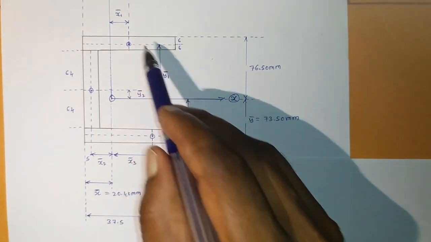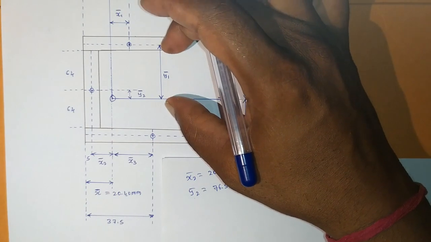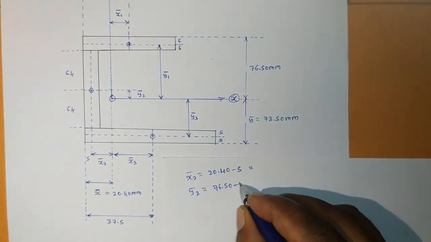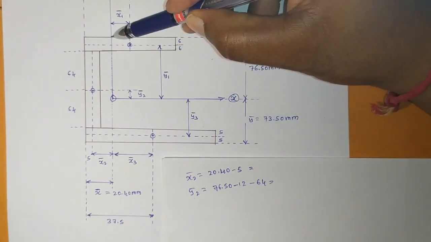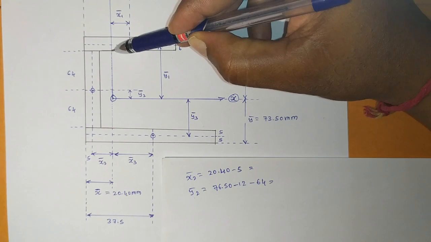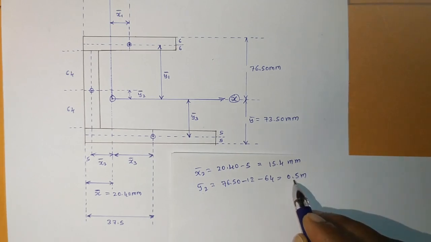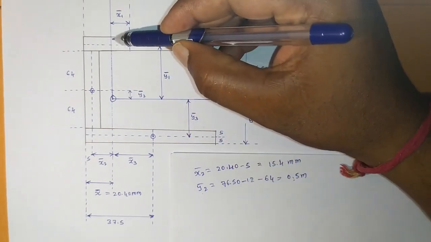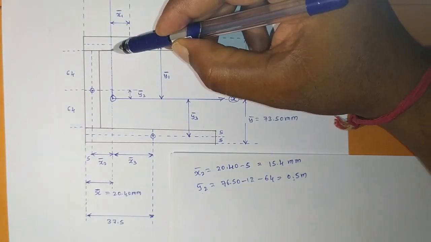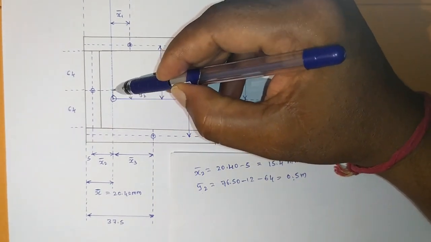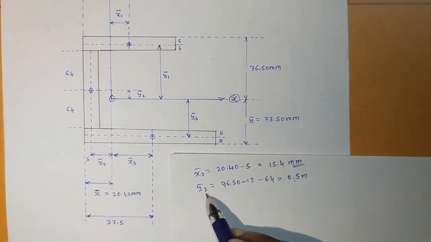From this point to this point, the height is 76.50 minus 12 mm, minus 64, which gives the remaining distance, that is 0.5 mm. So x2 bar will be 15.4 mm and y2 bar will be 0.5 mm.